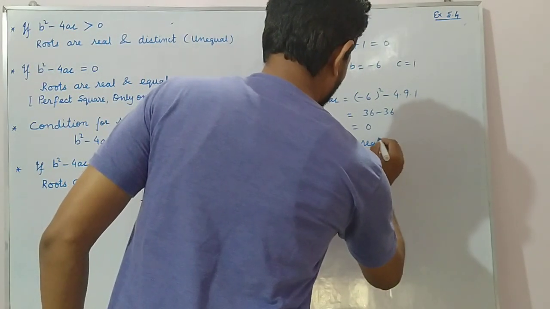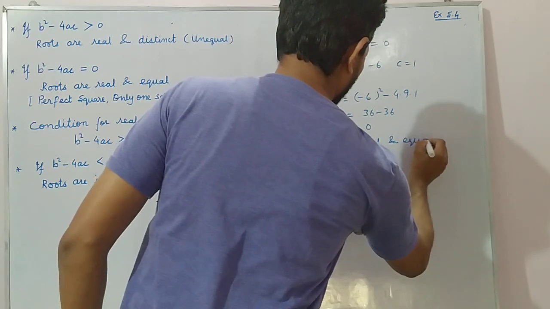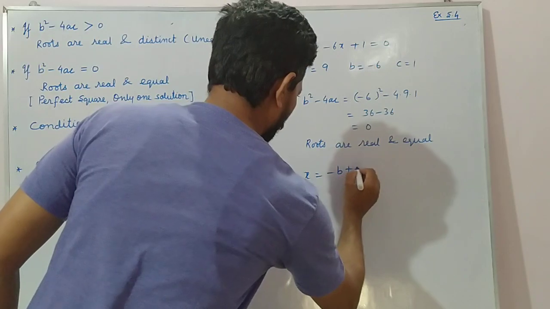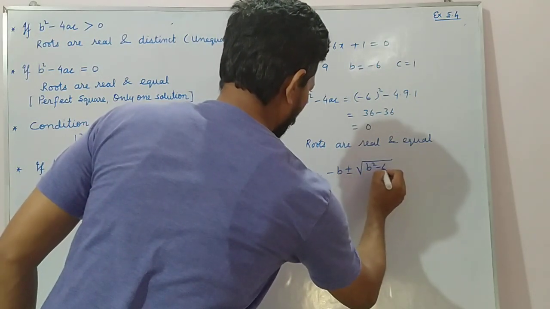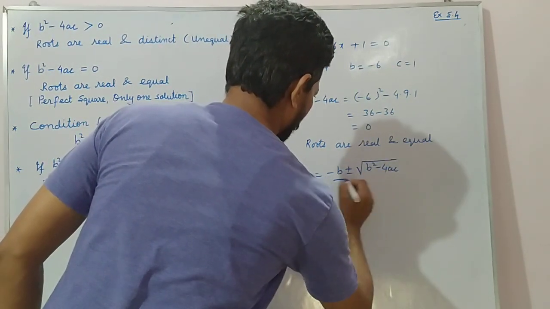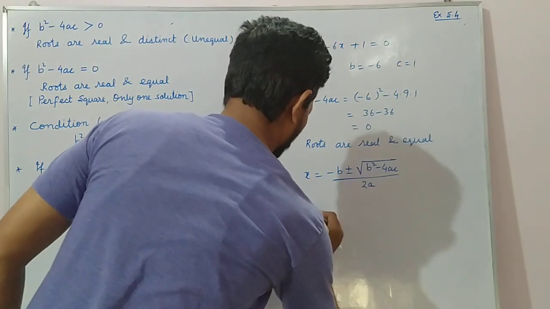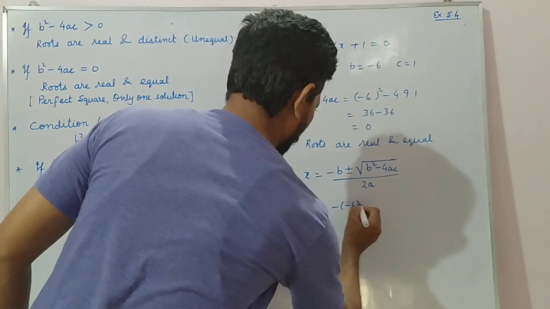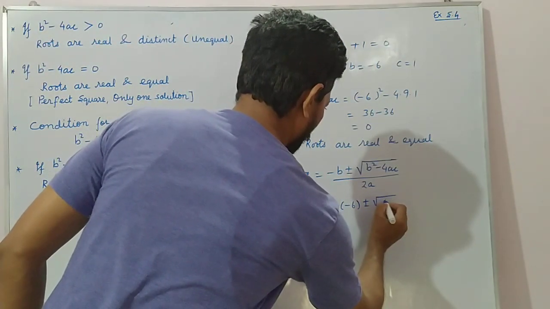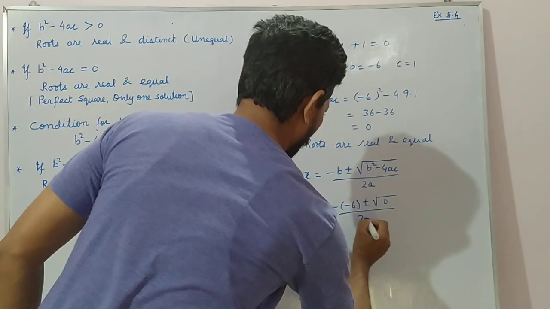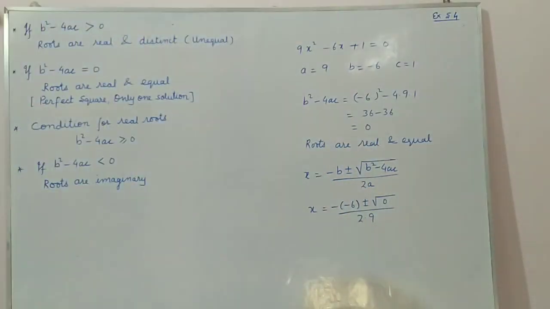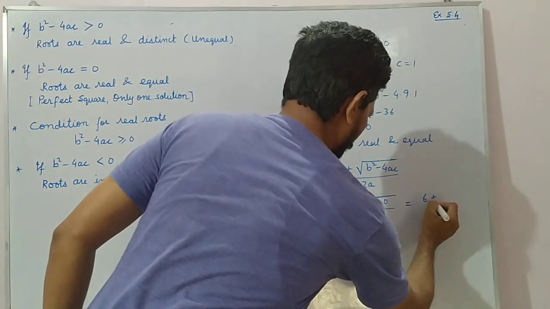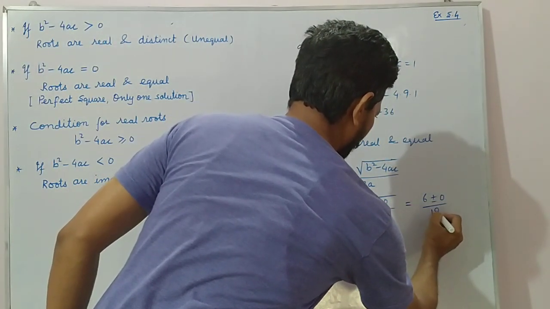Now when we find the roots, x equal to minus b plus or minus root of b square minus 4ac by 2a. X equal to minus b, that is 6, plus or minus root of b square minus 4ac, that is 0, by 2a, that is 18.